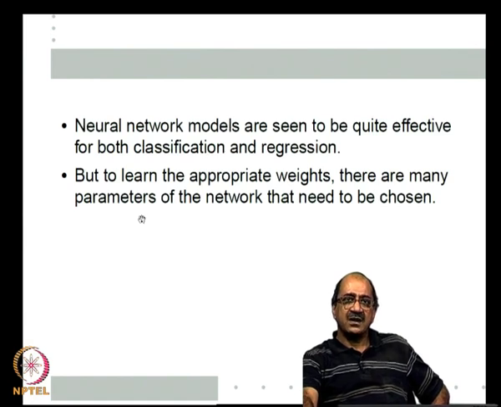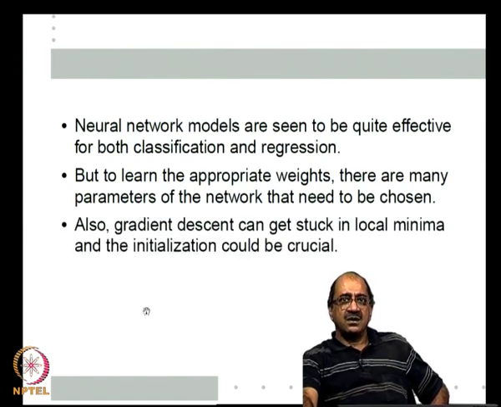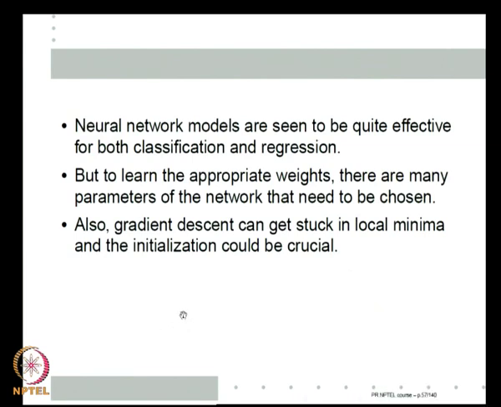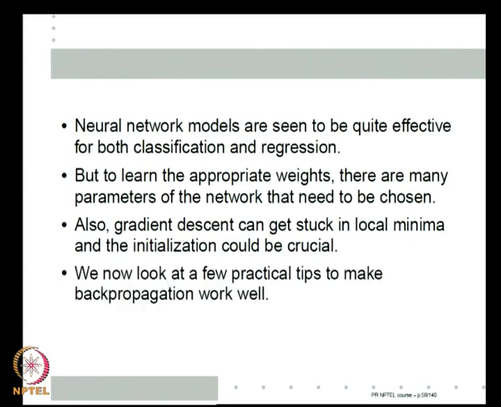And gradient descent can get stuck in local minima, so we want to get to better local minima. Can I tweak my initial points, or are there other things I can do for gradient descent? All these are important. Of course, there is very little theory in this, but in the next few slides I will discuss a few practical tips of how to make learning with neural networks more effective.